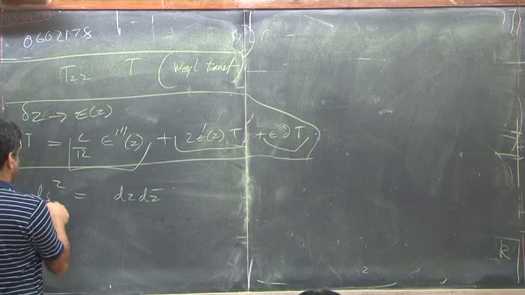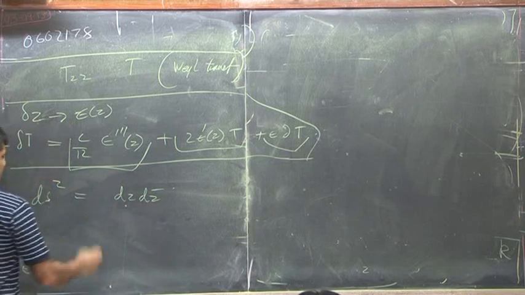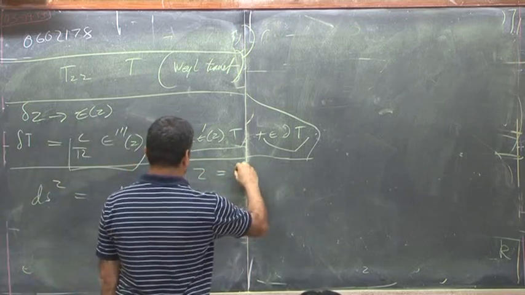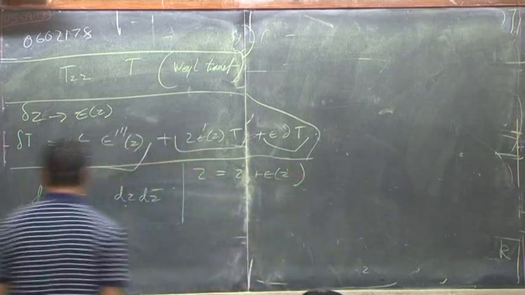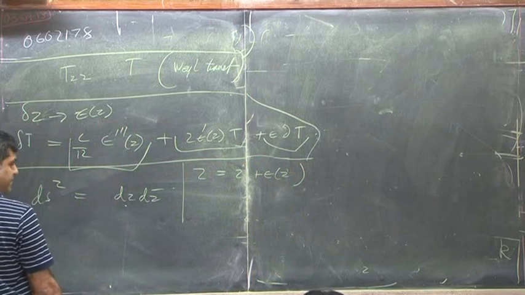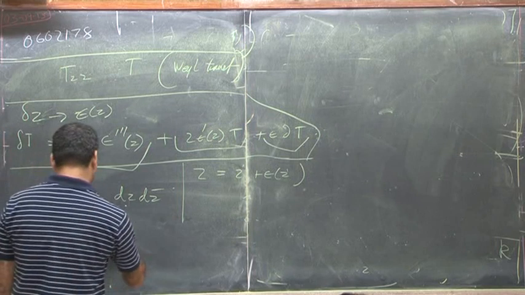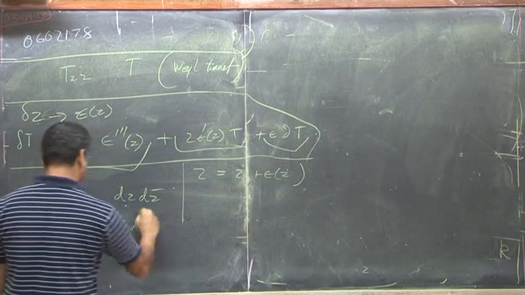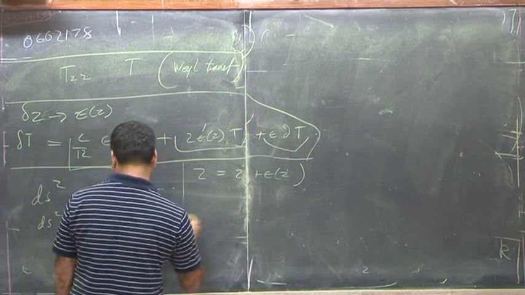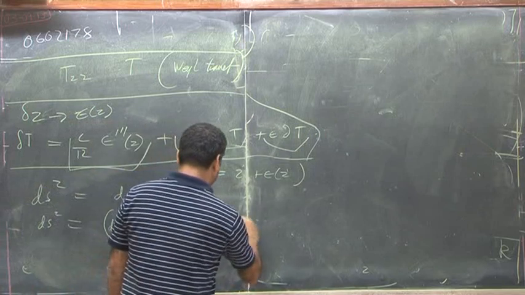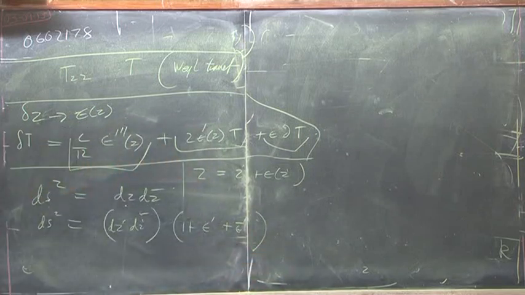Under this coordinate change, if z was equal to z prime plus epsilon of z prime, we would get ds squared equal to dz prime dz bar prime into 1 plus epsilon prime plus epsilon bar prime, just by expanding it.